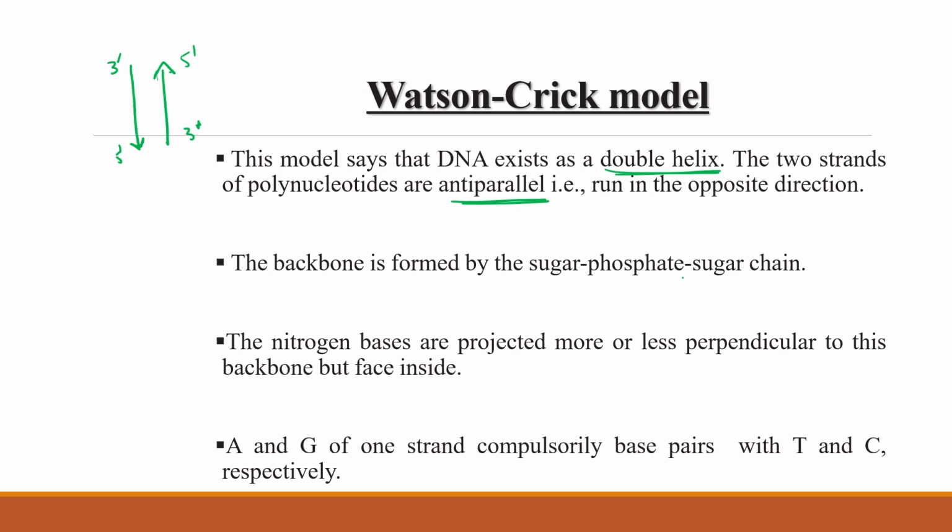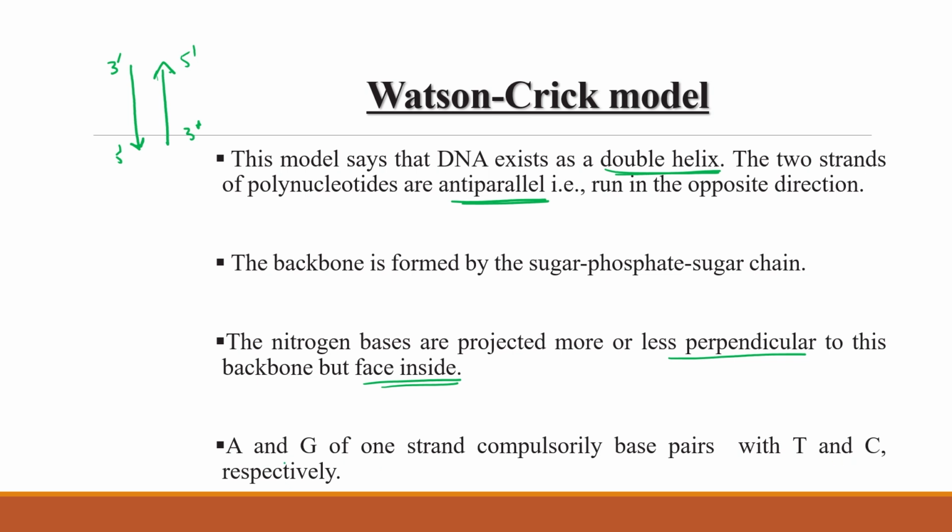Just now we have discussed this. The nitrogen bases are projected more or less perpendicular to the backbone but face inside. Just now we have discussed this point also. Adenine and guanine compulsorily base pair with thymine and cytosine respectively.